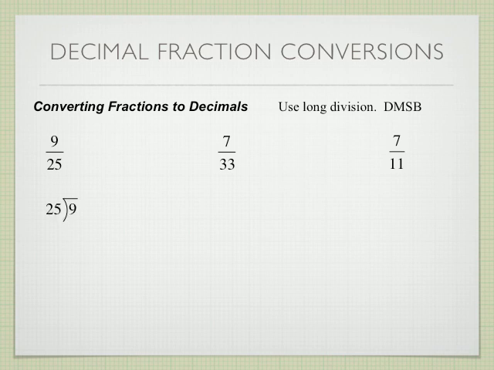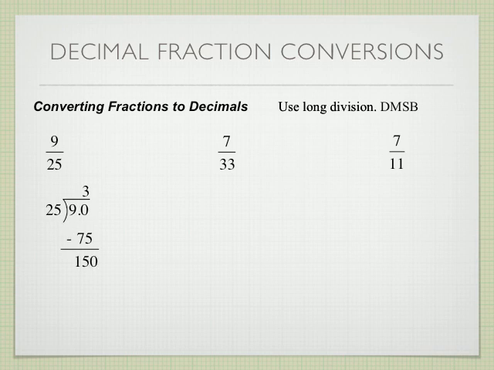So first thing, we'll take 25 into 9. 25 doesn't go into 9, so I have to say that's 9.0. 25 goes into 90 3 times. 3 times 25 is 75. 90 minus 75 is 15. Now how many times does 25 go into 15? It doesn't.